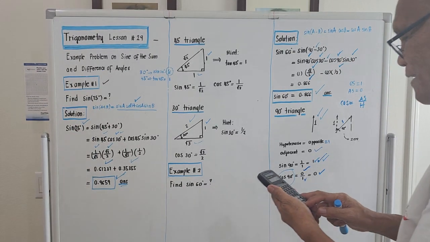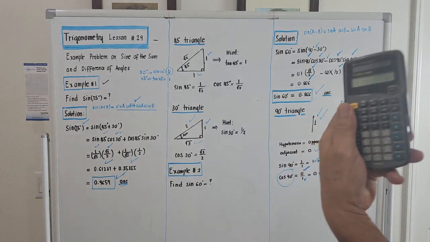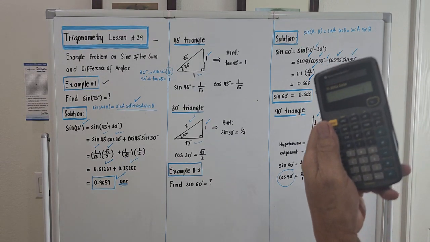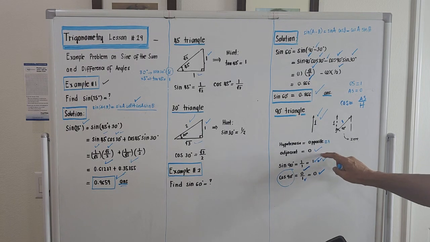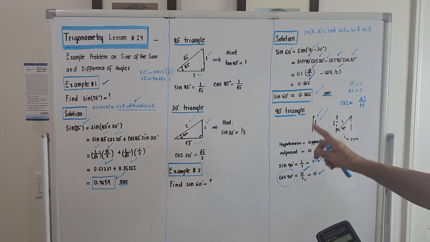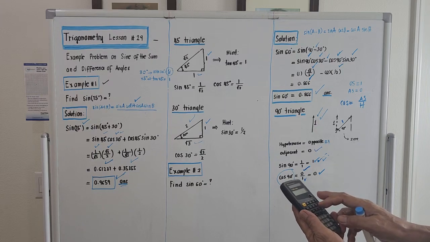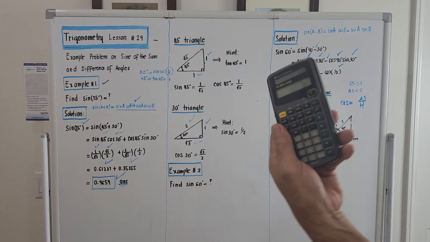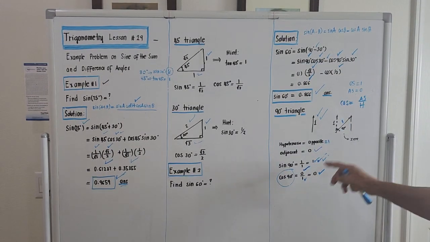Sine of 90 degrees is 1. This one here emanates from the derivation, because 90 degrees is a special angle. About 90 degrees, cosine of 90 degrees is 0. Why is it 0?